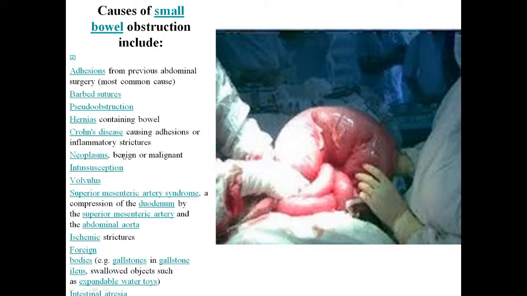Neoplasm, benign or malignant, and other causes.